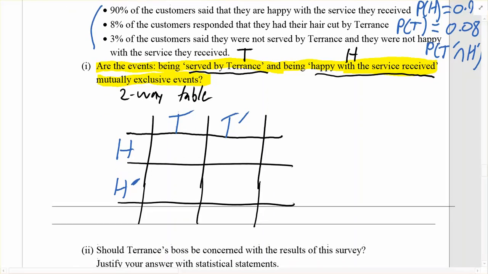Okay, so I'm assuming you've had a go by now. I'm putting in the 0.9 as the total for H, the happy people. Grand total has to be 1. 8% was served by Terence, so 0.08. And 3% were not served by Terence and not happy, so that's going to be the no and no cell, and then we can fill in the rest from there.